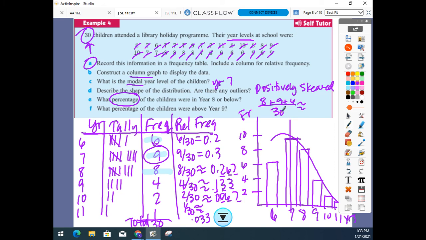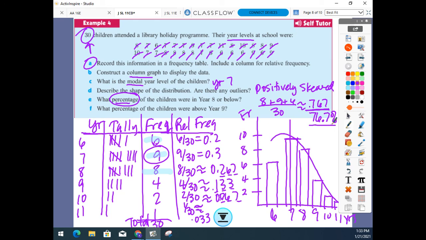So when you add this up and divide by 30, we get 0.767. You need to convert that into a percent. This is your decimal value, 0.767. They're asking specifically about percent, so you need to change your decimal into a percent.